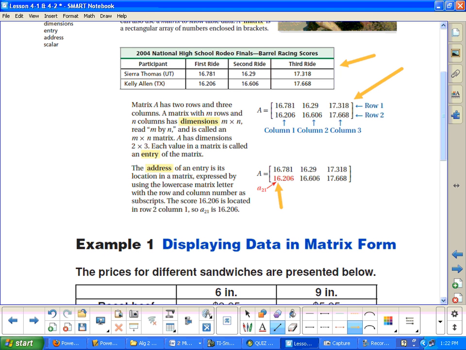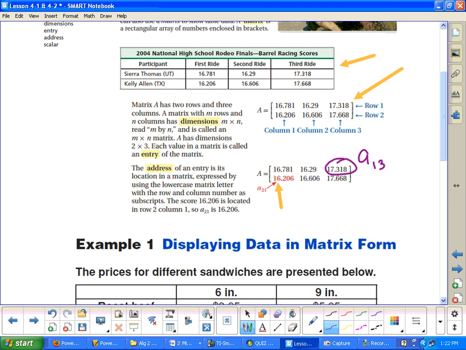The 2 means it's in row 2, and the 1 means it's in column 1. Then this one here, 17.318, would be A sub 13. It's row 1, column 3.